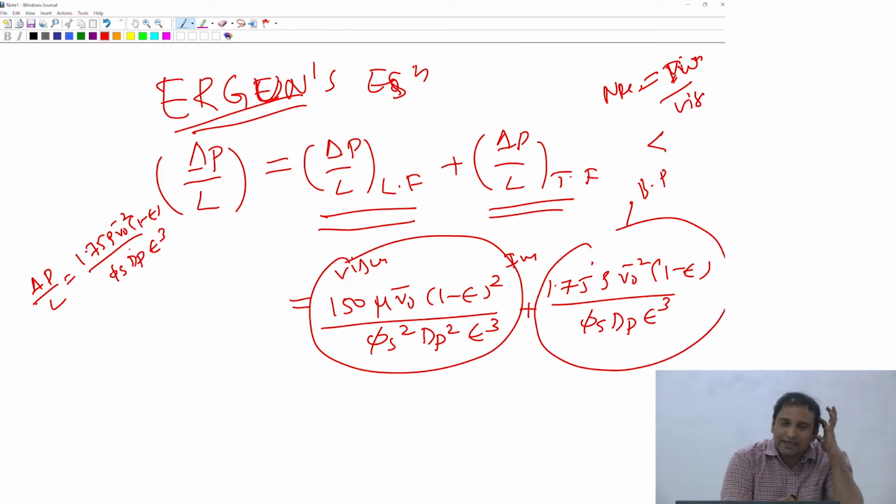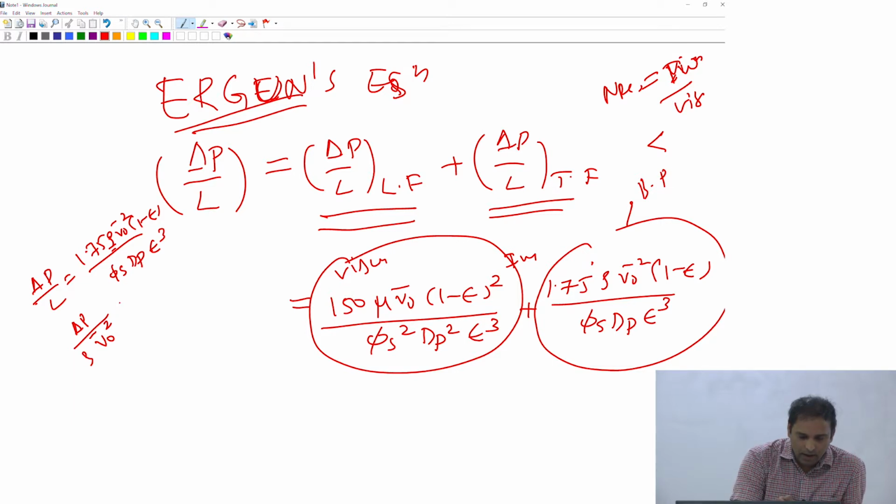What I'll do is keep delta p here, and take v naught bar square to the other side. And I have rho here, so I'm going to take rho also to this side.